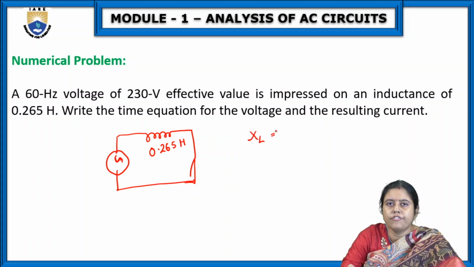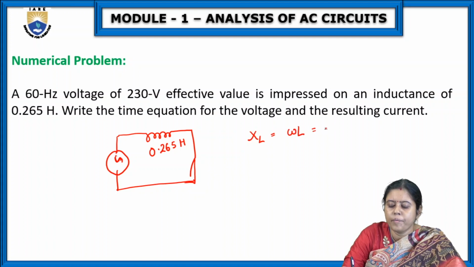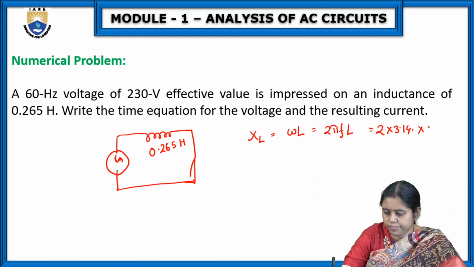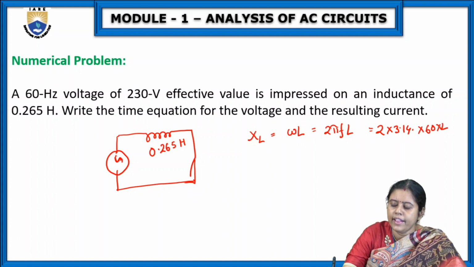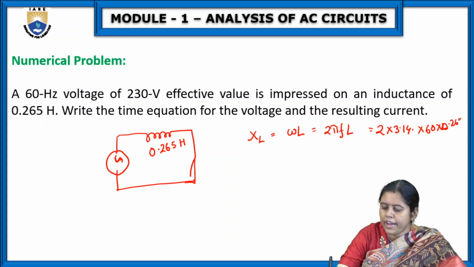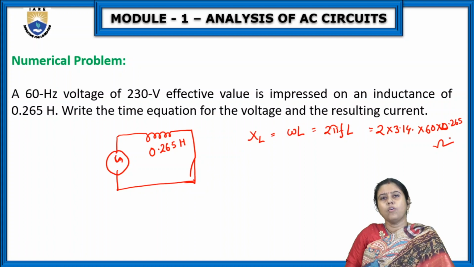As we discussed in the previous slide, XL is equal to omega L, and omega is equal to 2 pi f. So XL is 2 into 3.14 into 60 into L, where L is 0.265.